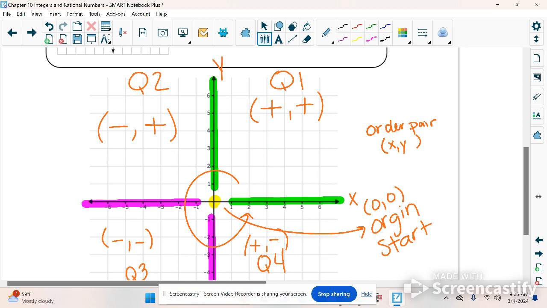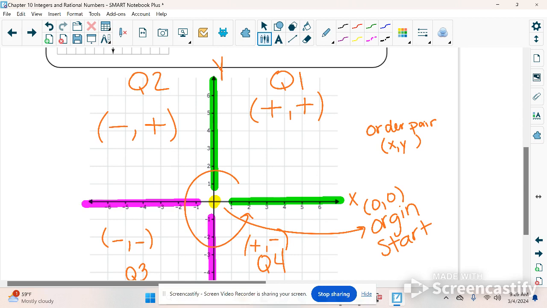Then go up or down, plot the point, plot the point. One more time. You're not doing your left and right straight. This is left, right.